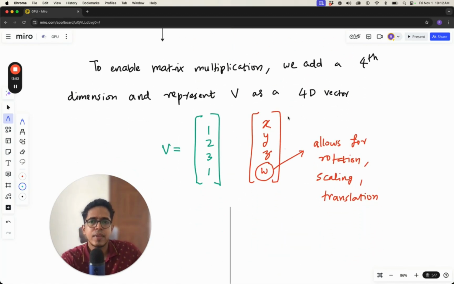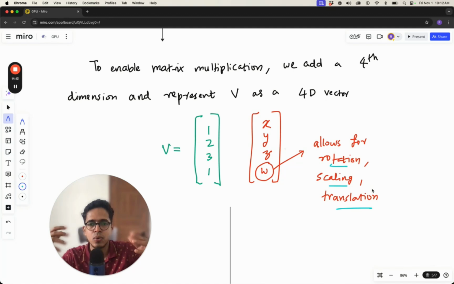Firstly, it's a common practice to add a fourth dimension to every vertex, something that looks like this. So instead of just x, y, z, you also add something called w. This extra dimension w will allow for operations like scaling, rotation, translation, etc. in the form of matrix multiplication.